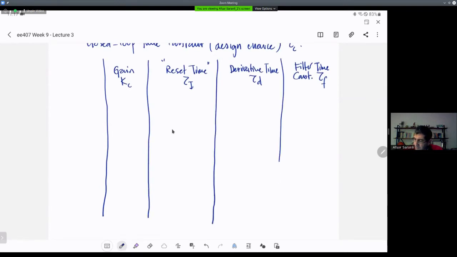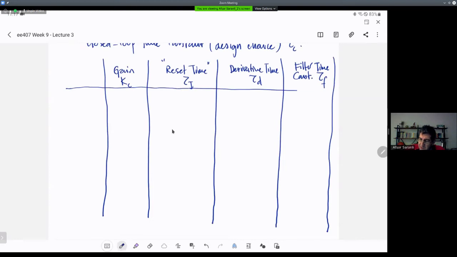We will have formulas for all of these, and we will have this for the different cases: a PI controller.